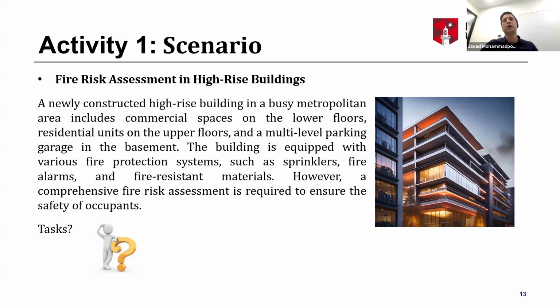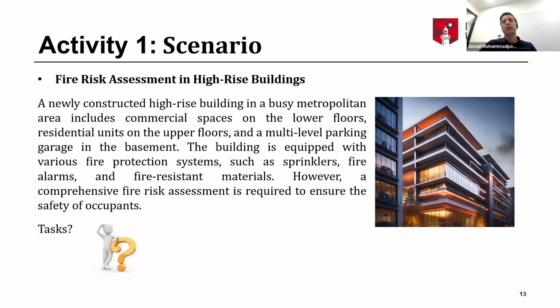We have a newly constructed high-rise building in a busy metropolitan area, such as Sydney's CBD, and it includes commercial space on the lower floors, like a shopping center, residential units on the upper floors, and a multi-level parking garage in the basement. It's typical, and you have definitely seen that.